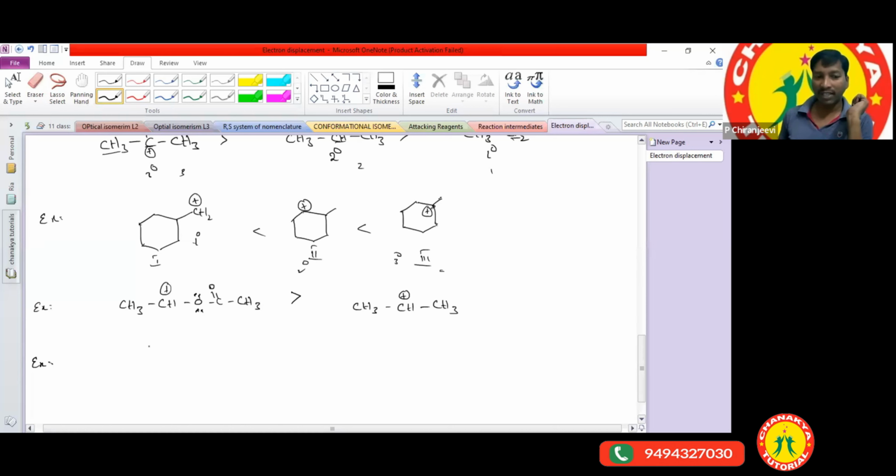Aditi, which one is the more stable one? Kanishk, Aditi, Sai, Akshit. Hi Samhita. I had given two structures. In the two structures, which one is the more stable carbocation? The first one or the second one?